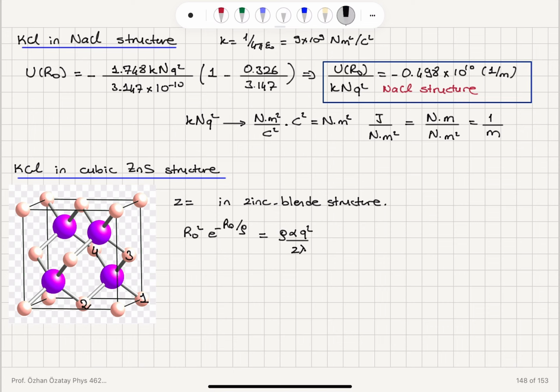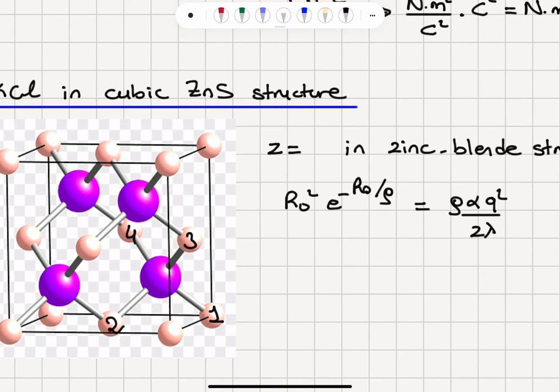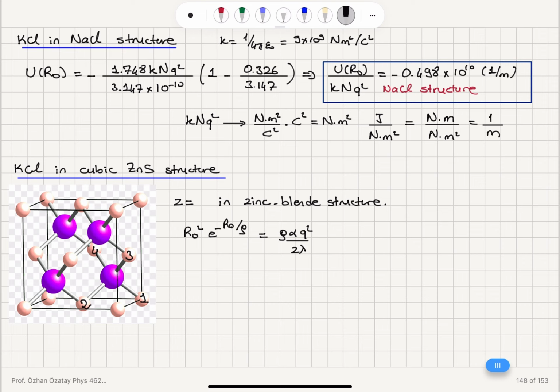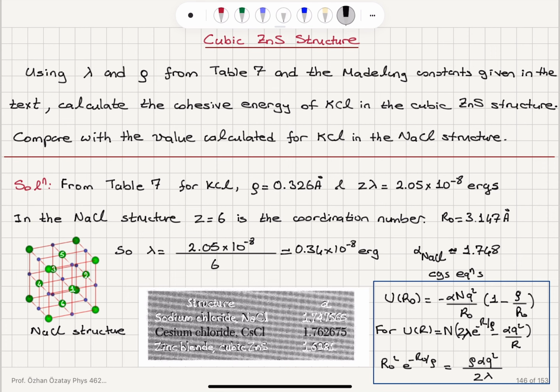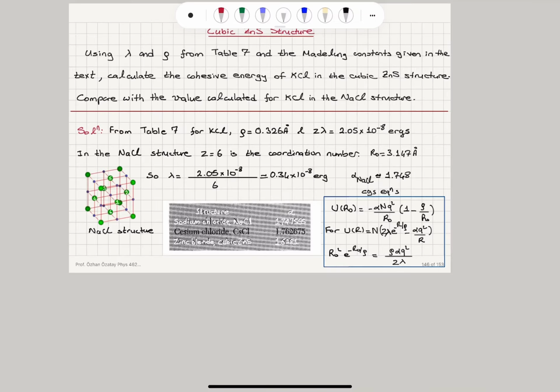It's just the ratio. Now, if I work with the cubic zinc sulfide structure, this is basically the diamond structure with different types of atoms in the bases. If you pick this atom here, we have 1, 2, 3, 4 nearest neighbors. So the coordination number is 4 in the zinc blende structure, the zinc sulfide structure. What is the Madelung constant? It is given in the text as 1.6381.